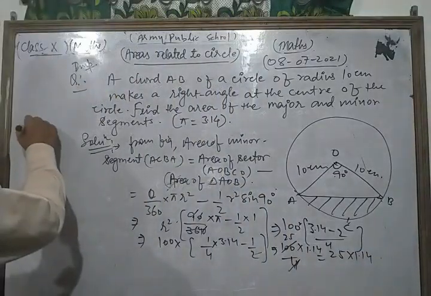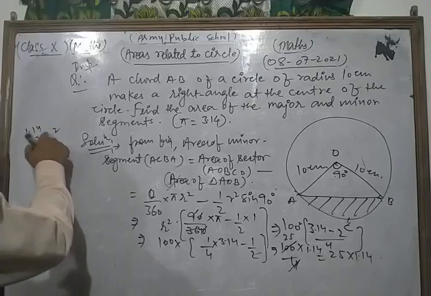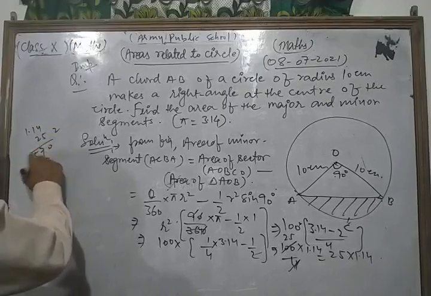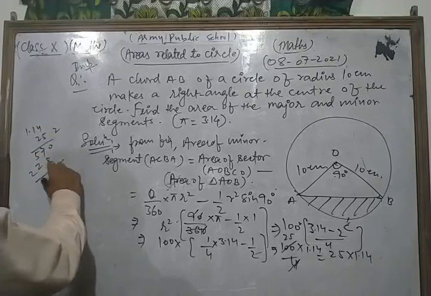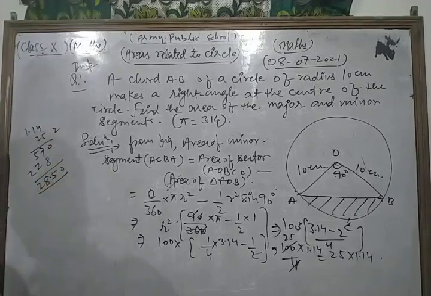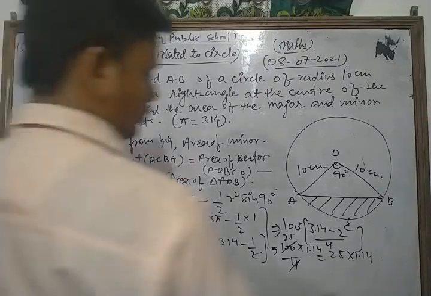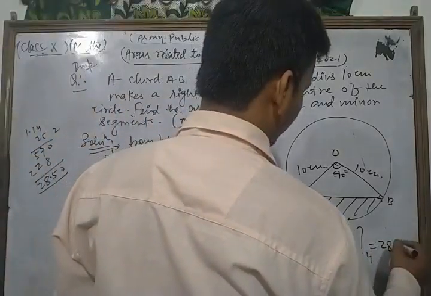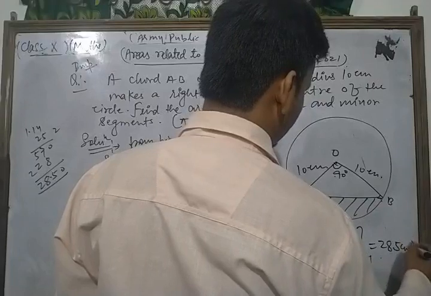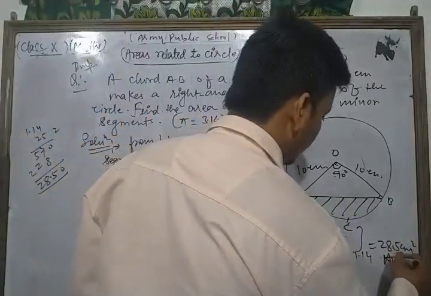Let's see, 1.14 and 25, we get 28.50. This is 28.5. So here we get 28.5 centimeter square. Now this is the required solution of the given question.